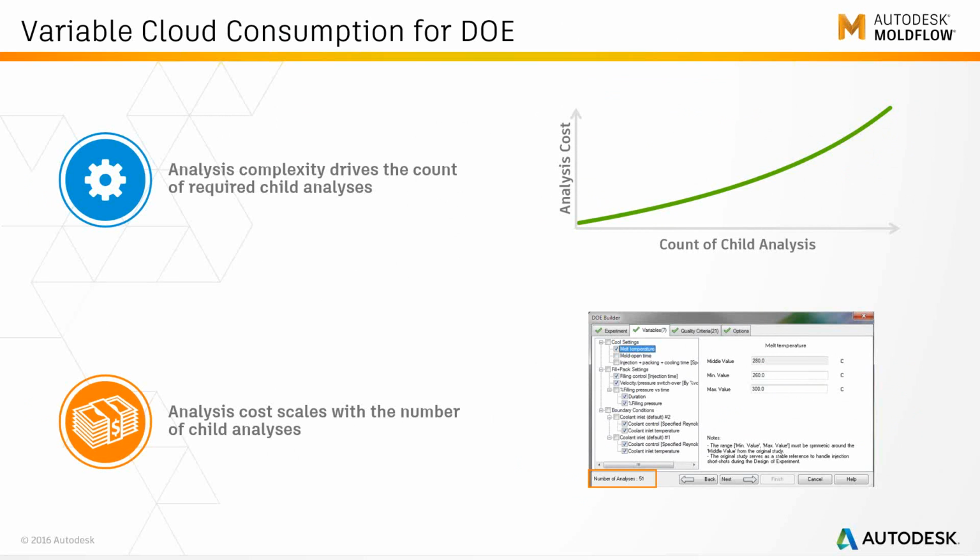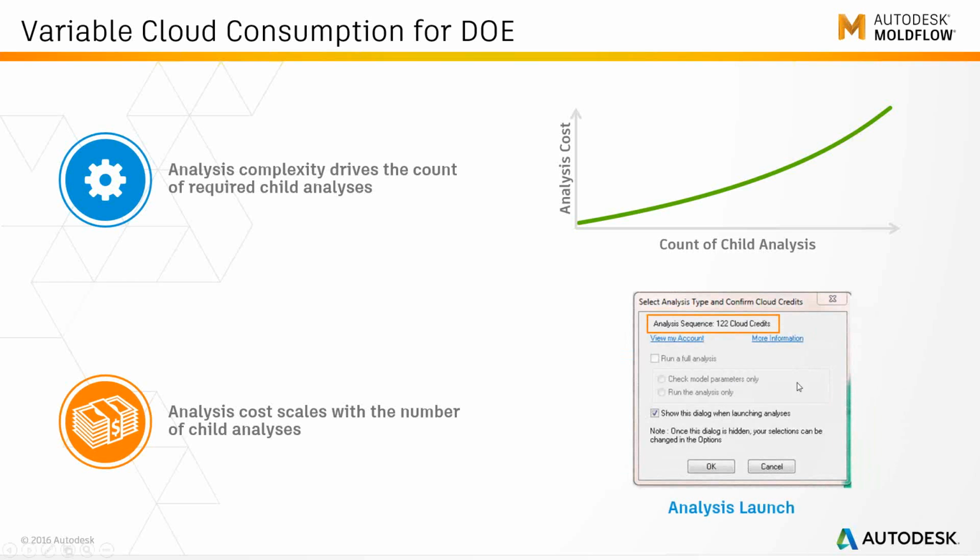Before the analysis submits, we provide a pop-up dialog that specifies how many cloud credits are going to be burned, and you can say, okay, proceed with that. If you say, oh, this is too much, I don't want to burn 122 cloud credits for this DOE, you can cancel out before the analysis launches.